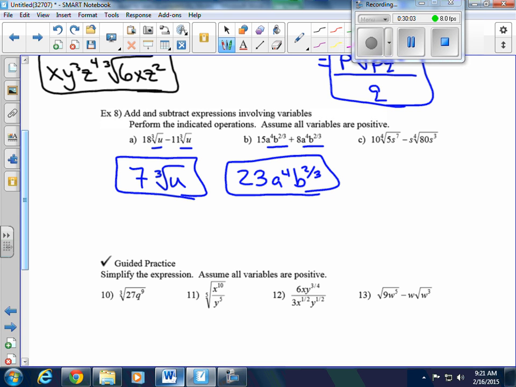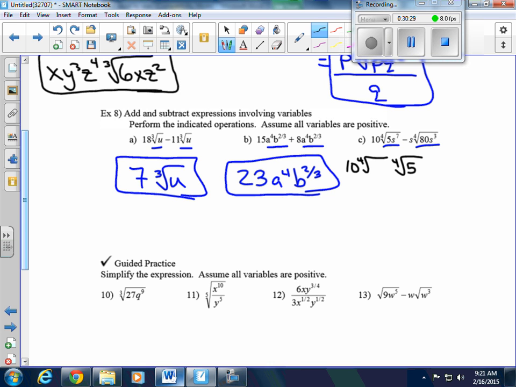Now, if we look at c, we notice that these are not the same. We have to try to make them the same. So what we're going to do is try to reduce anything that we can. So we're going to have 10, the 4th root of something times the 4th root of something. Pull out anything that we can. So let's say 5. Is there any factors of 5 that are a 4th root? No. Goes in the second one. How about s to the 7th? And that's yes.